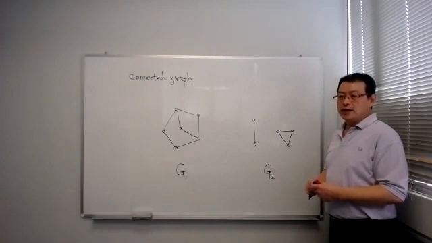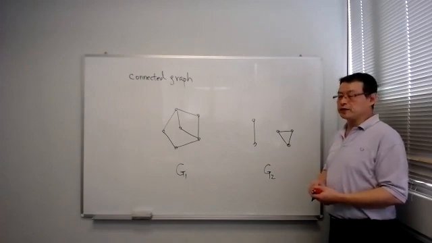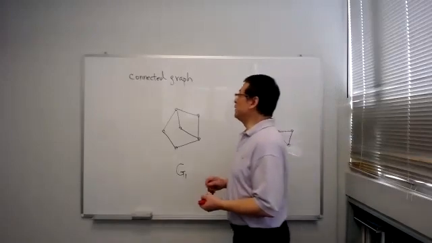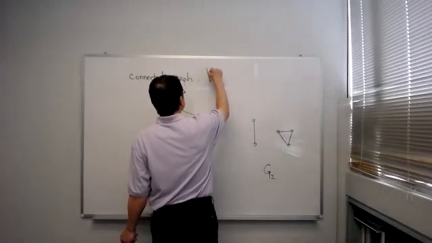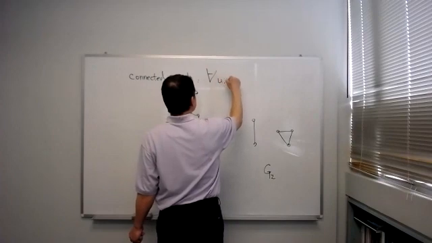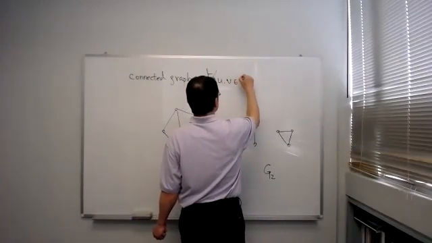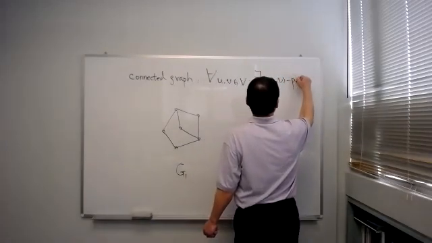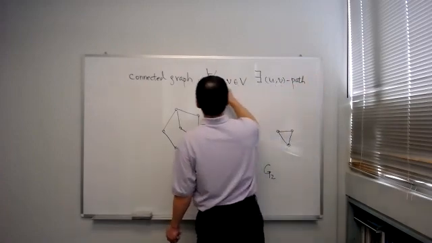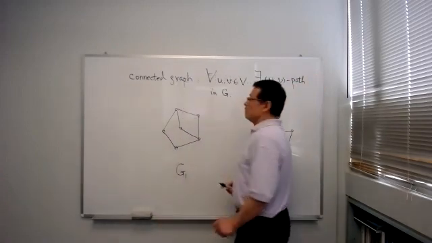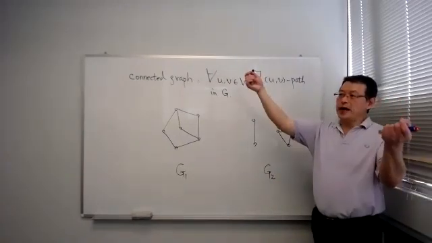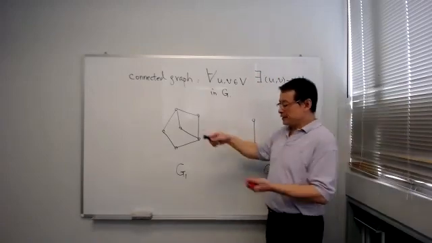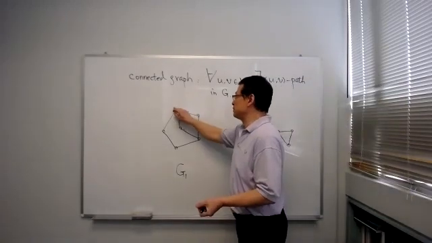And mathematically, how can we define it? What do we mean that a graph is a connected graph? Mathematically, it means for every pair of vertices U and V, there is always a path between U and V. That's what is meant by a connected graph. So for this one, regardless of which two vertices we pick, we can always find a path because it's connected.